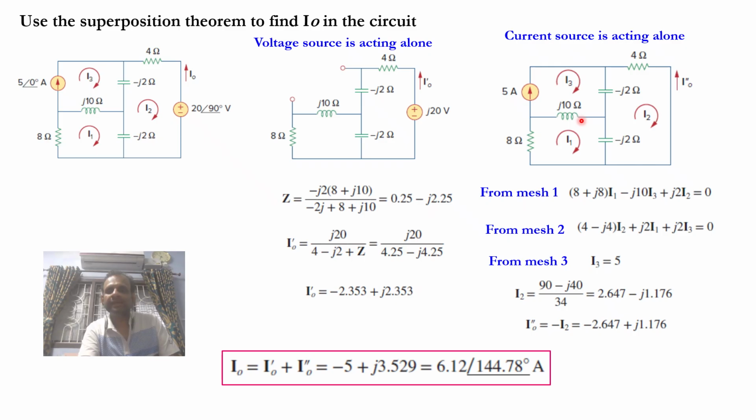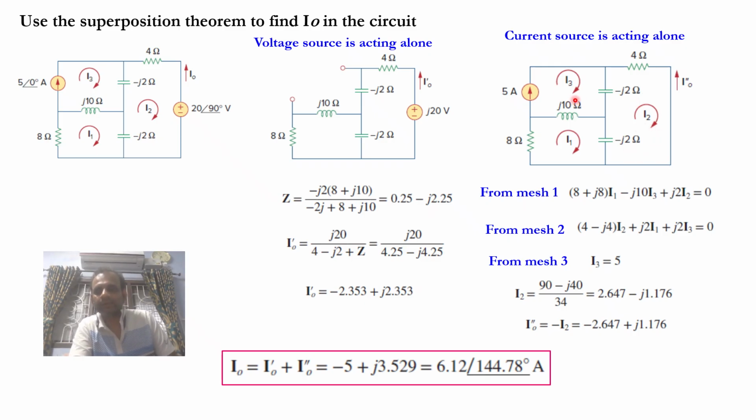So J10, you can use KVL, because KVL is much simpler instead of analyzing. So write 3 currents in the 3 loops, write mesh equations or loop equations, and find the current I1 or I3.